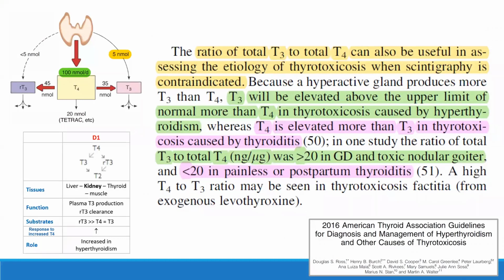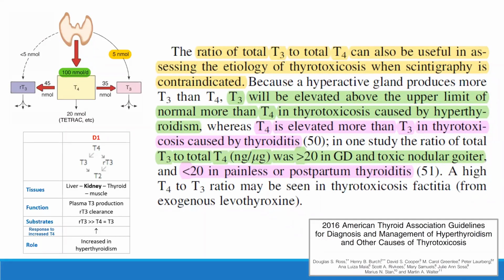Actually, in a case of thyroiditis, Graves' disease, toxic adenoma, toxic multinodular goiter, or postpartum thyroiditis, the patient will present with elevation of thyroid hormone T3 and T4 with suppression of TSH. How to differentiate between these conditions?